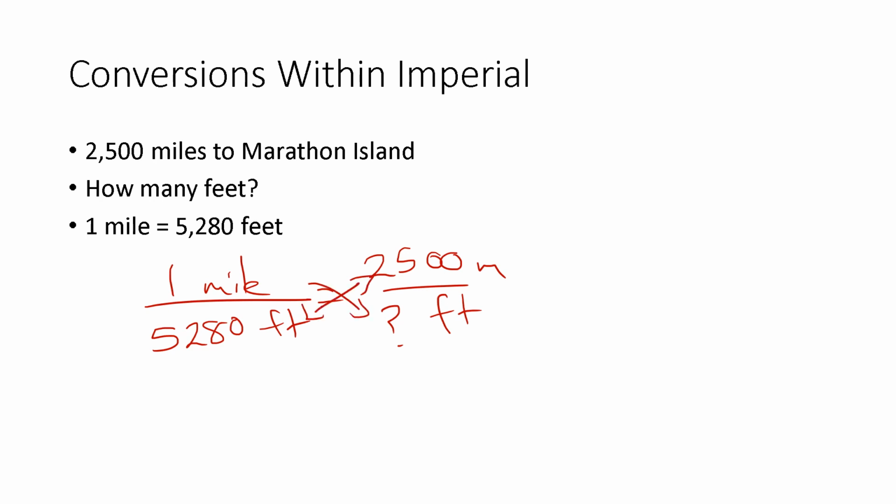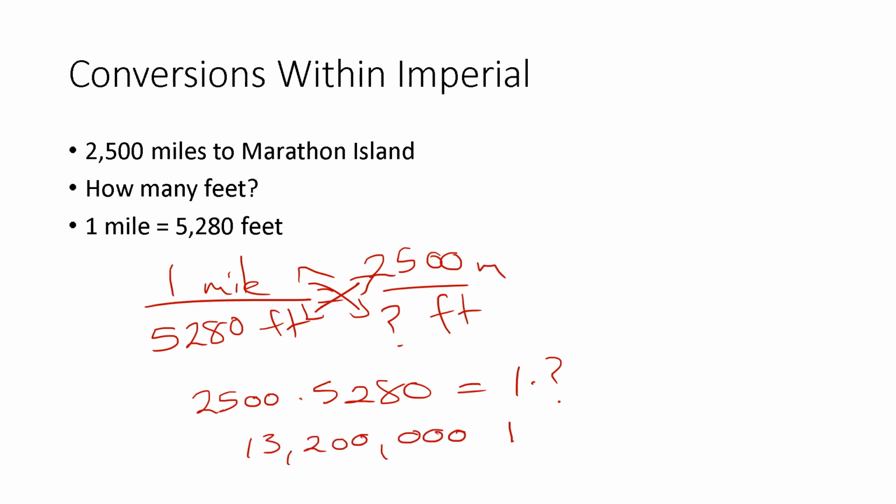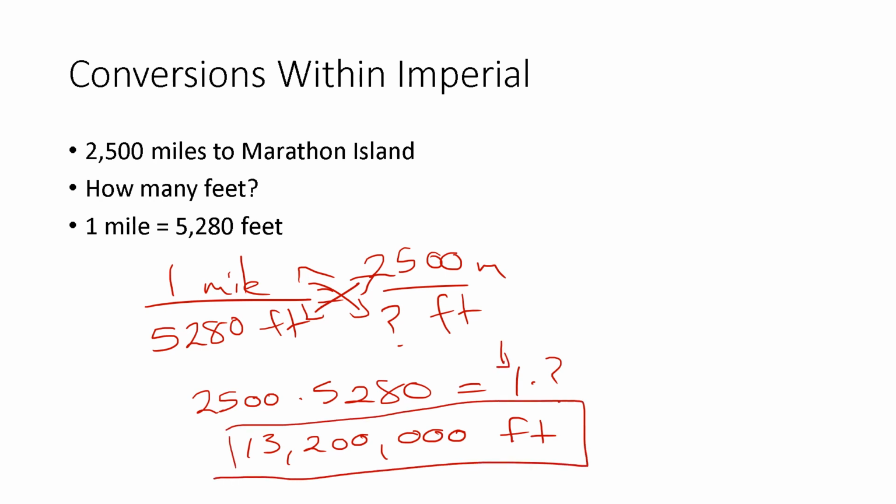Cross multiply will give us 2,500 times 5,280 equals 1 times our mystery variable. 2,500 times 5,280 is a lot, 13,200,000 feet. Obviously, we would divide by the number multiplied to our variable. In this case, that's 1, so nothing's going to change in our number here. So this is how you would go back and forth doing conversions between different units in the imperial system or between imperial to metric system units.